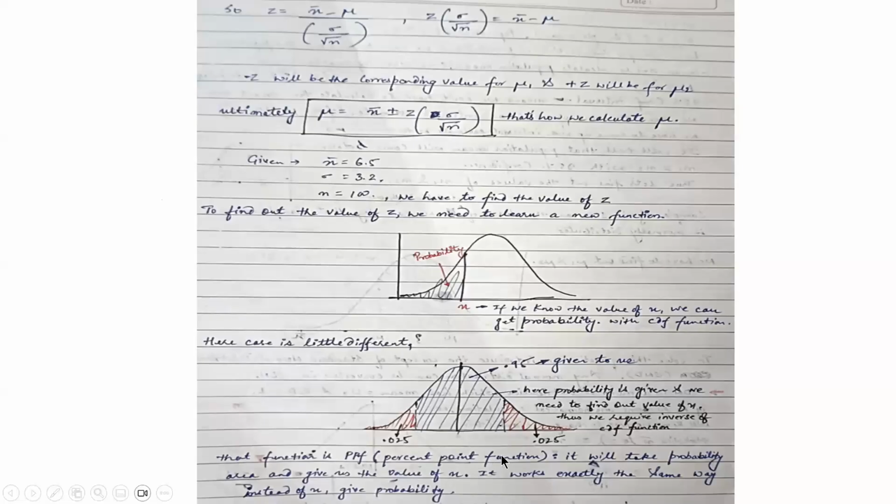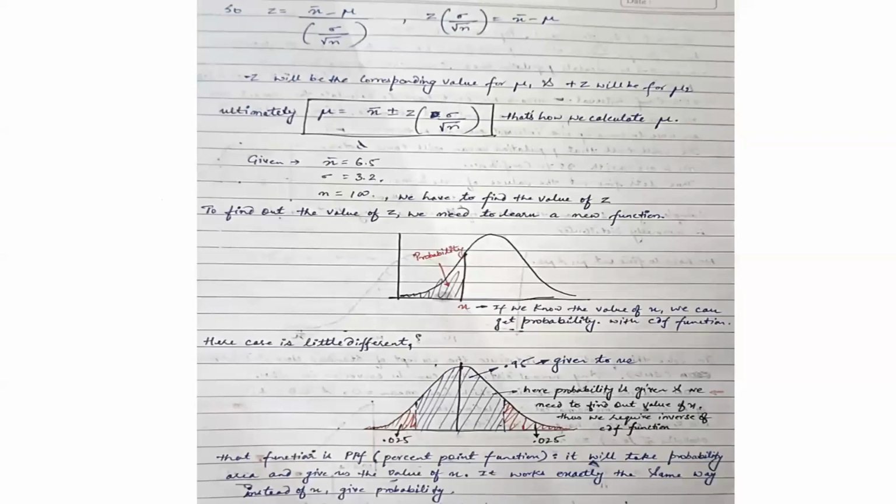So instead of x, we give the probability and we find the value of x. But we need to convert the x-axis into z statistics. I'll create a separate video for that calculation. If we convert it into the standard normal distribution, then the mean will be equal to 0 and the standard deviation will be equal to 1.